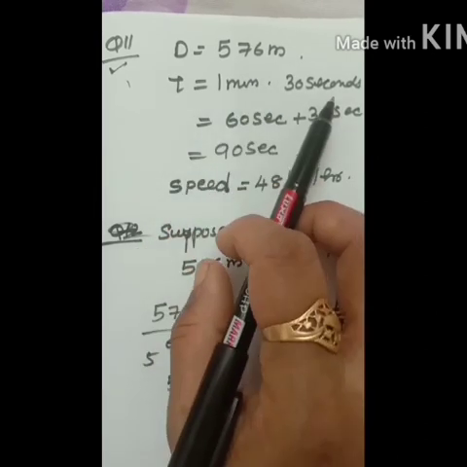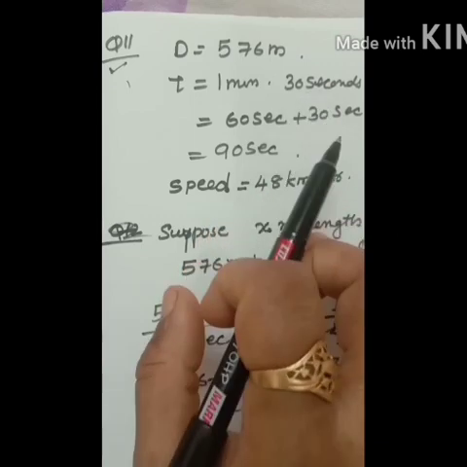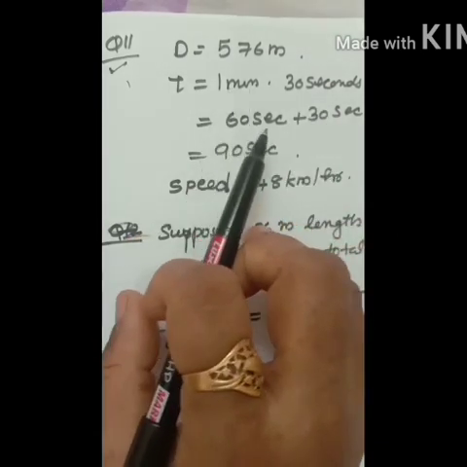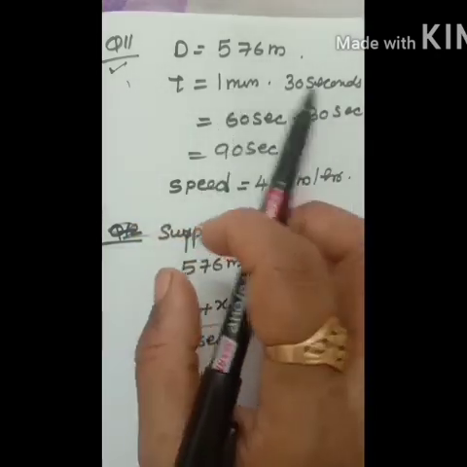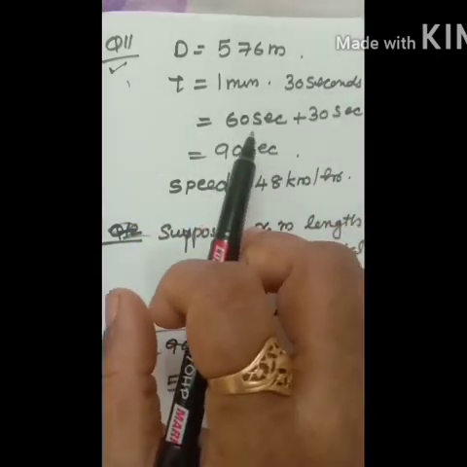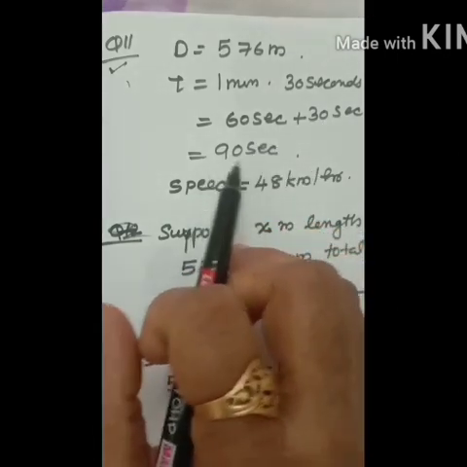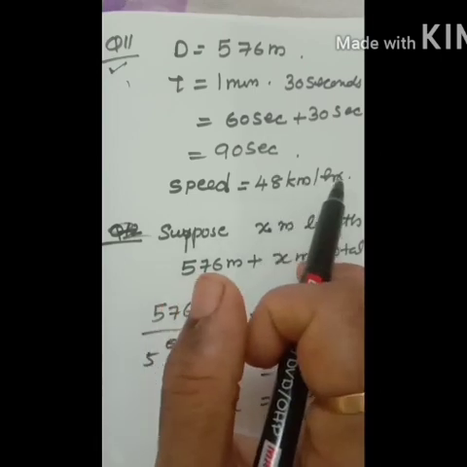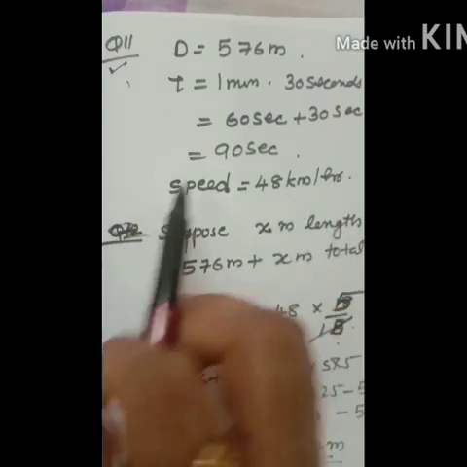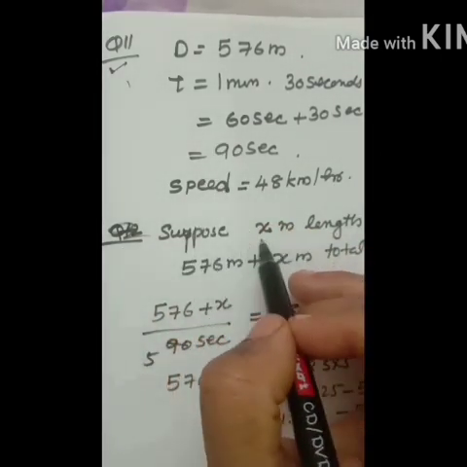A tunnel length you have to find out. Time is 1 minute 30 seconds. 1 minute is 60 seconds, so I converted minutes to seconds. 60 plus 30, that means total 90 seconds. Speed 48 km per hour given.